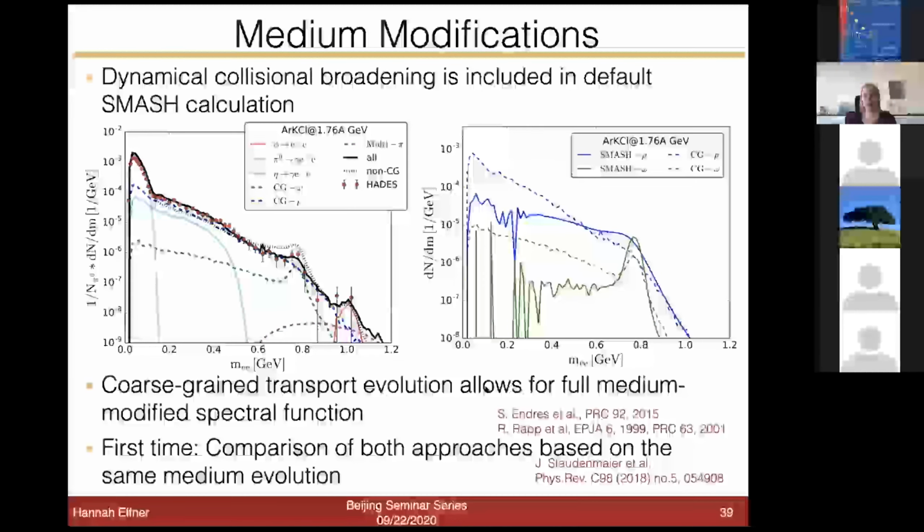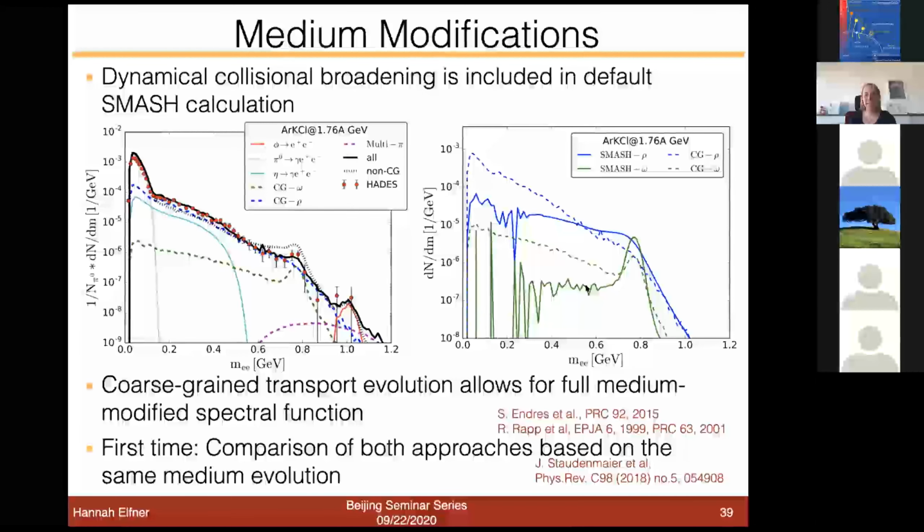On the right-hand side, you see the spectral functions for the rho and the omega as they are in the vacuum transport approach. These are the full lines. The dashed lines indicate what happens if you have the full medium modified spectral function by Rapp et al. Then you get the black curve here on the left-hand side and match the data again very nicely.